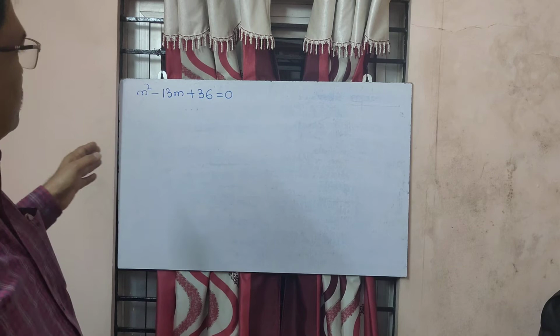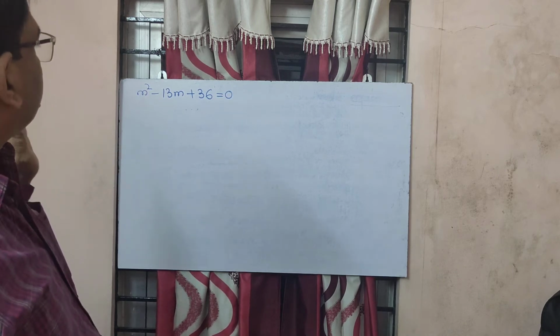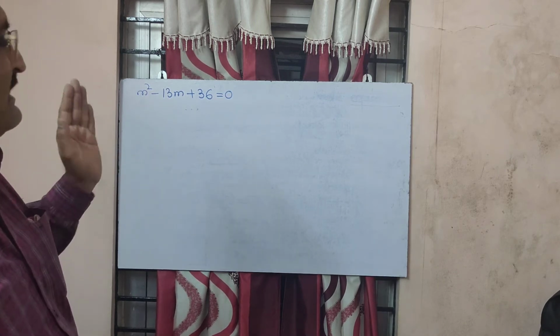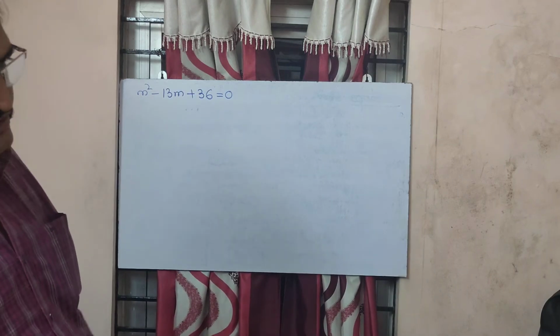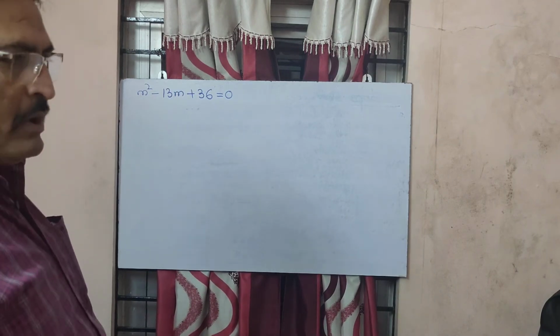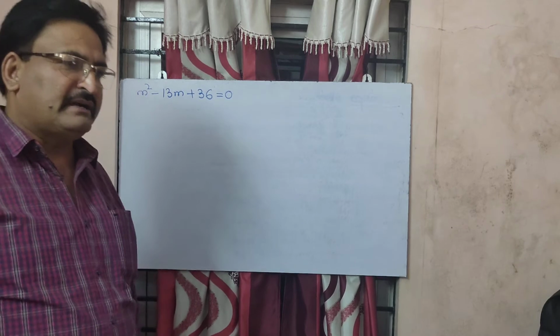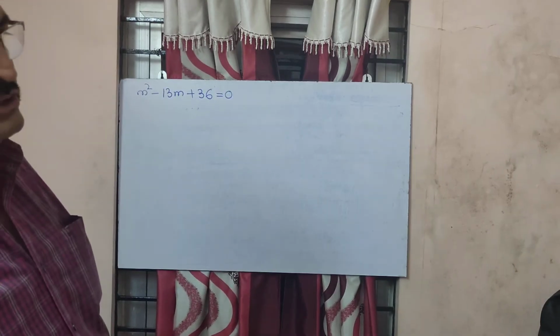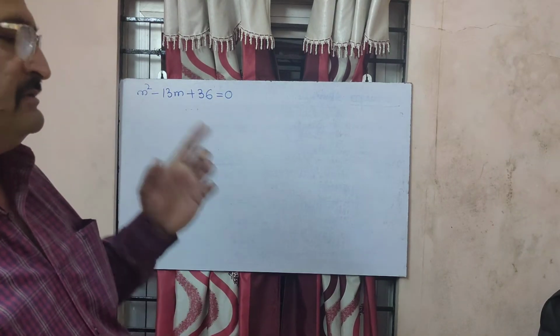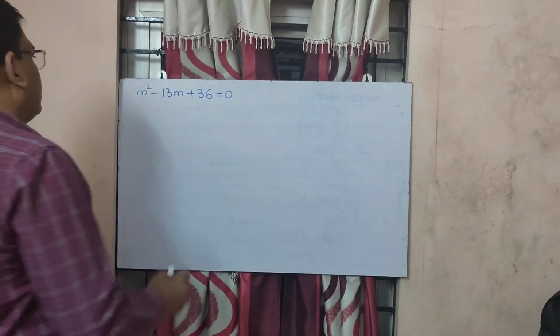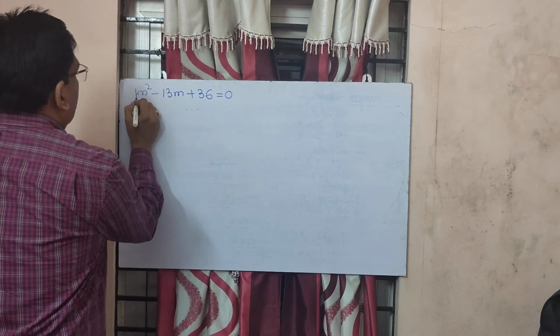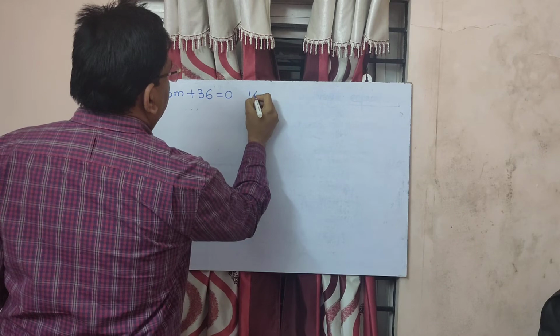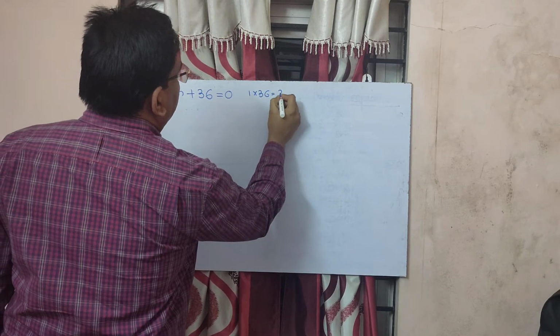Find the roots of the given equation m square minus 13m plus 36 is equal to 0. Again we use the same method, splitting the middle term. 1 into 36 is 36.